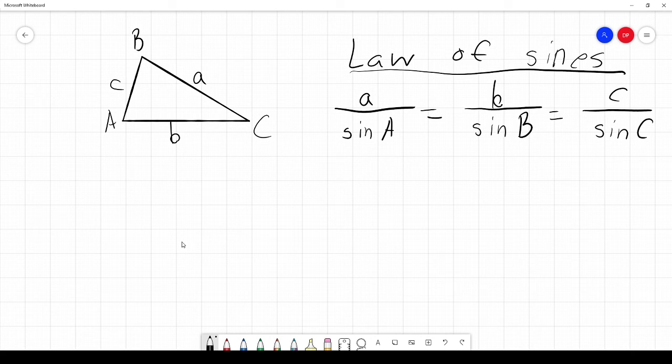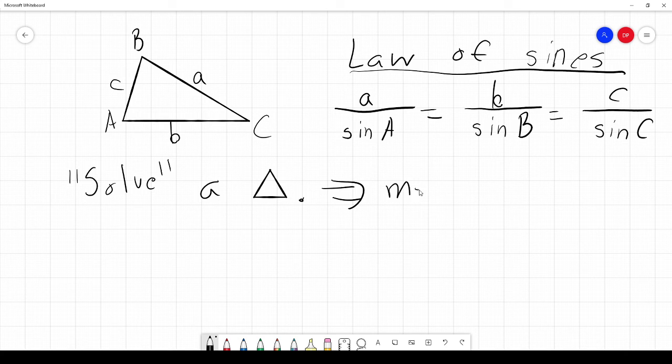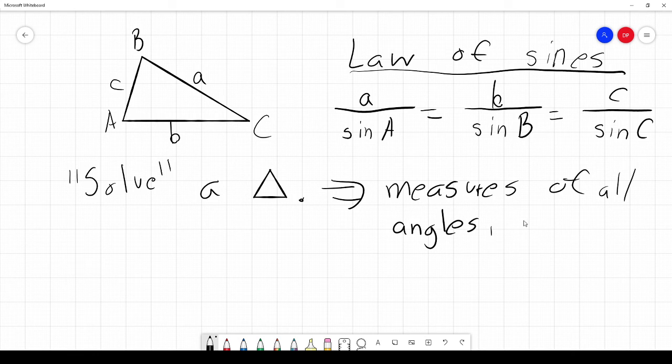If you're asked to solve a triangle, what that means is you need to find the measures of all the angles of that triangle, and then you need to find the lengths of all the sides.